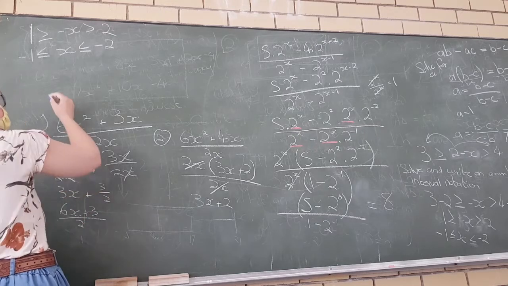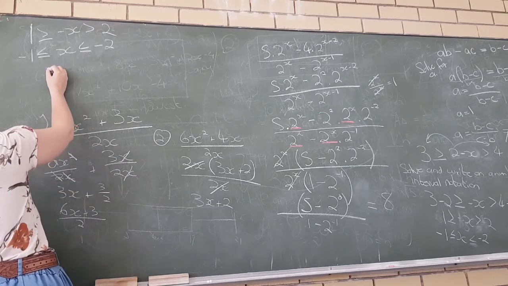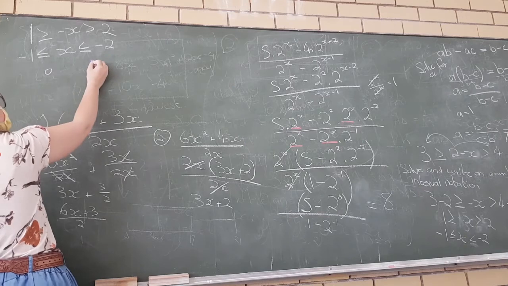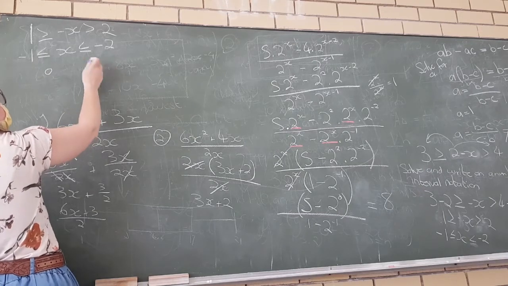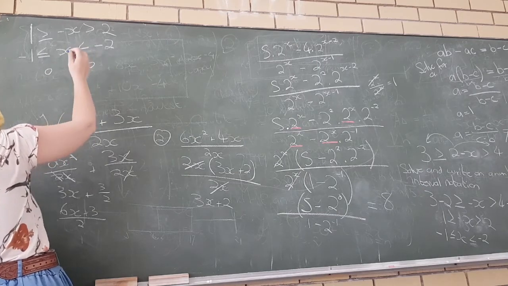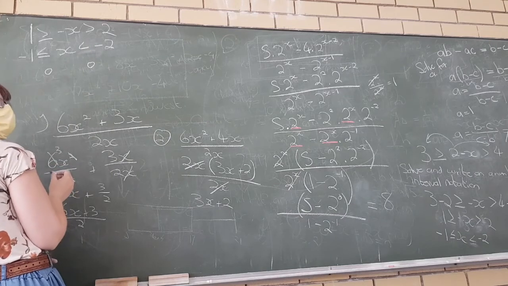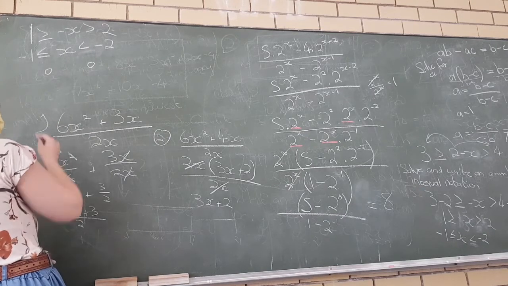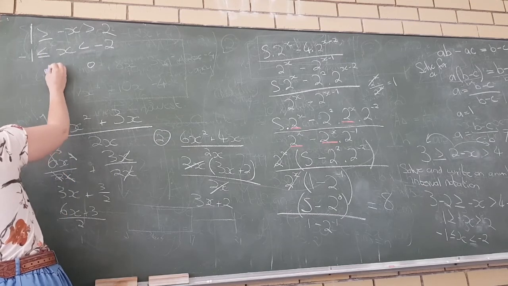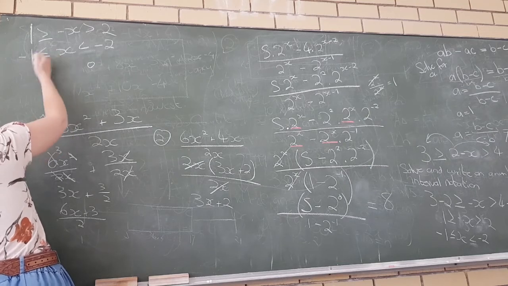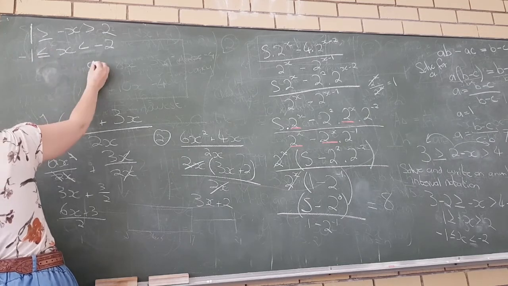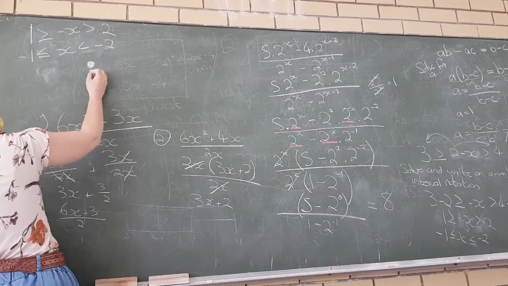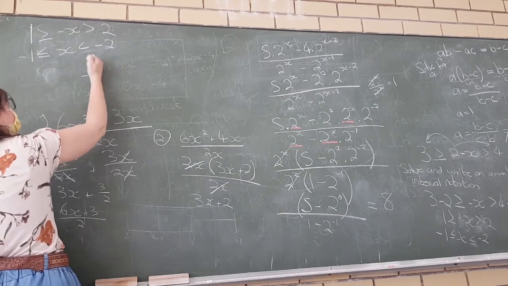So now I want to draw this on a number line. I have 2 dots. Which one's colored in? And there's a line underneath. So this one's colored in. This is minus 1.